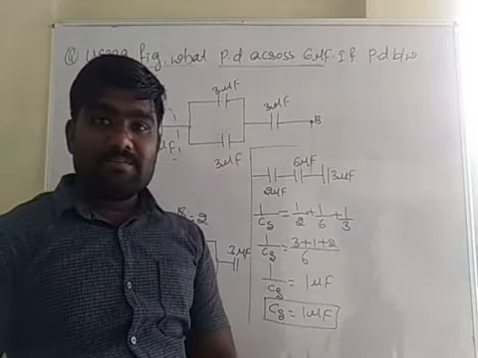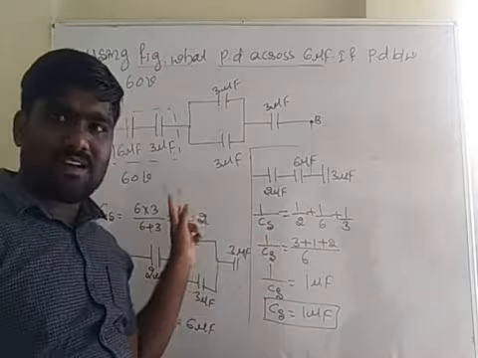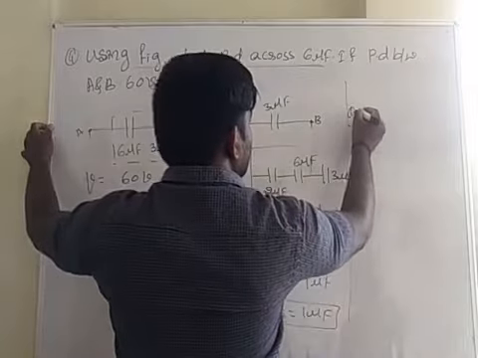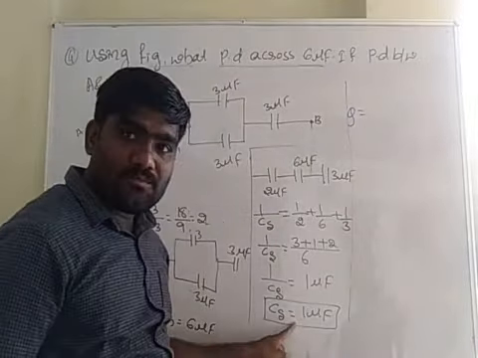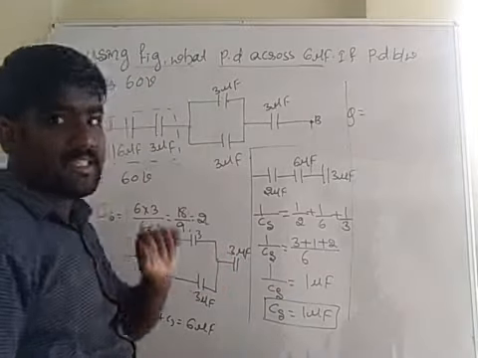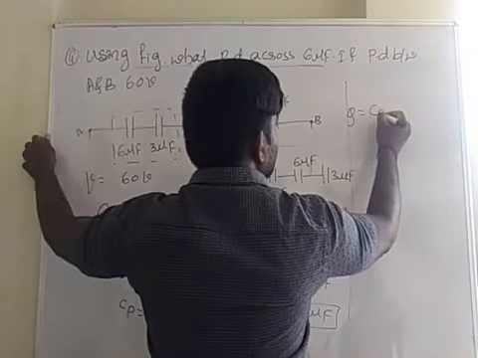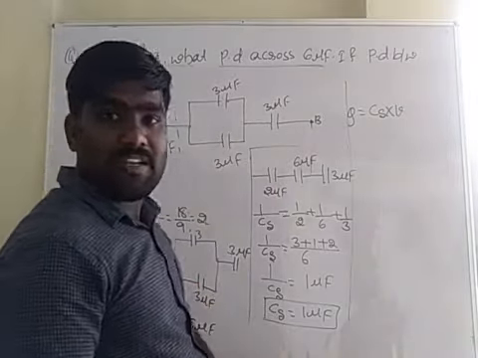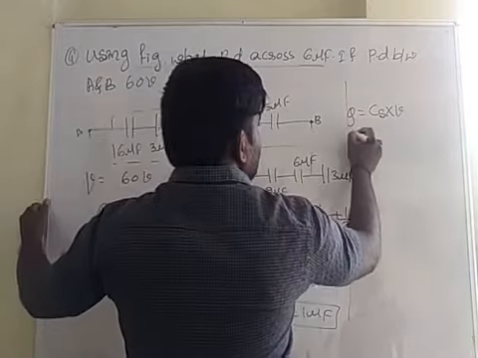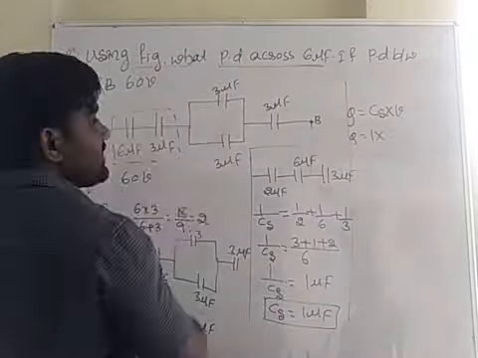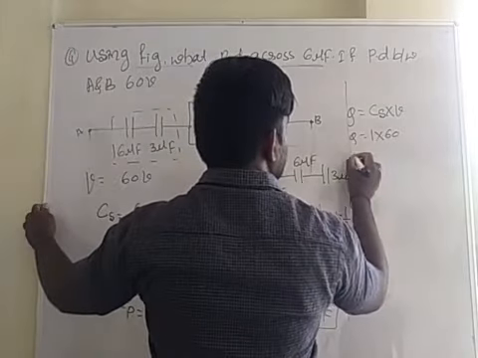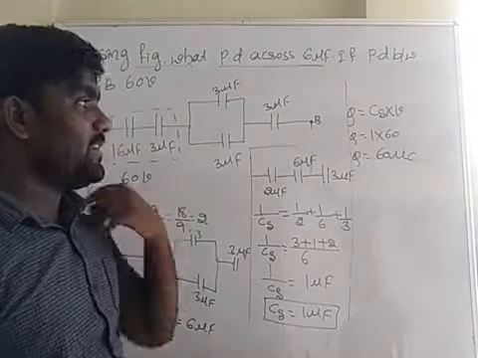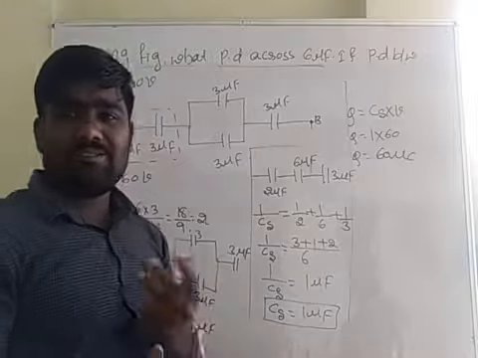V is equal to Q by C, but Q is not given, so I want to calculate Q. Q is equal to CS into V, with effective capacitance 1 microfarad, so Q is equal to 1 into 60, which is 60 microcoulomb, because it is in microfarad.